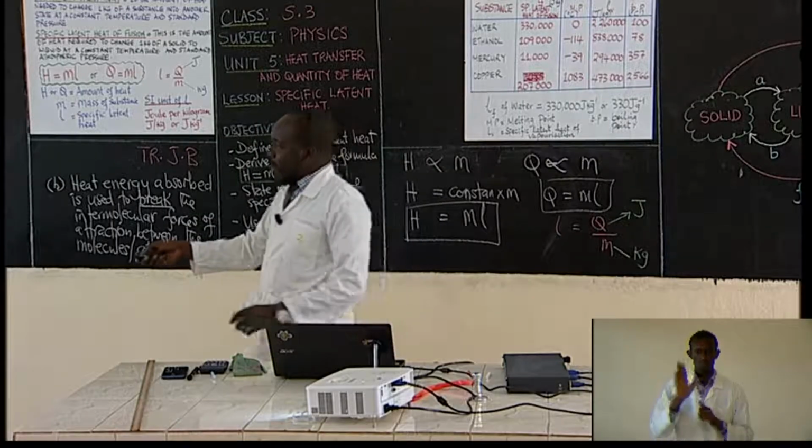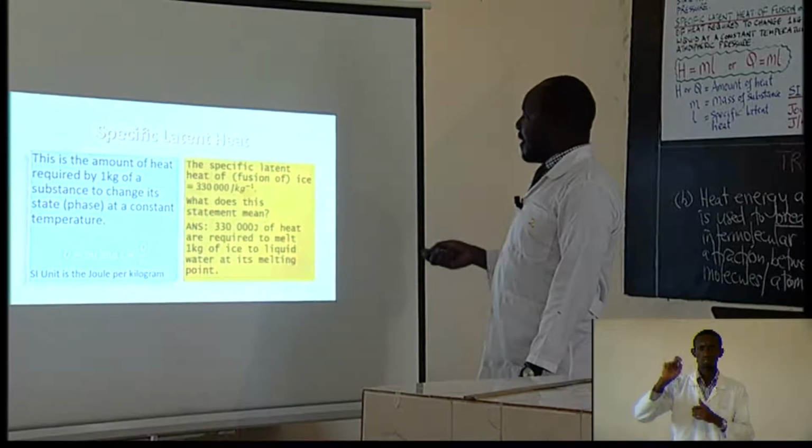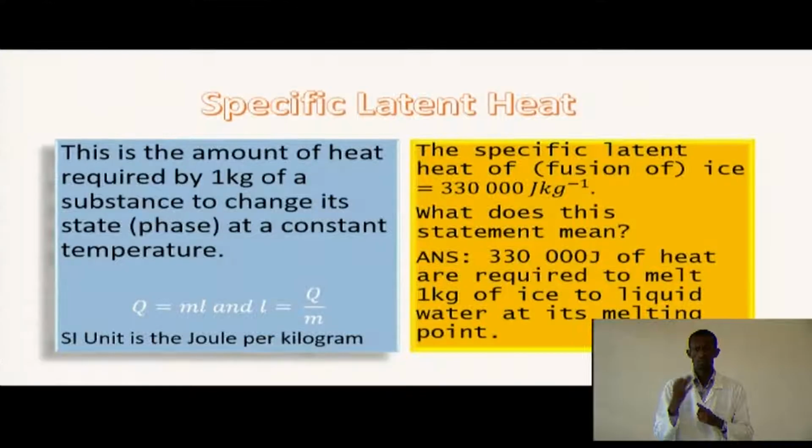Let's come back here. Different substances have different specific latent heats. The values are different, because if you have ice, which is solid, and you want it to melt, it will not require the same amount of heat as wax. They require different amounts of heat. So, for instance here, the specific latent heat of fusion of ice is 330,000 joules per kilogram.